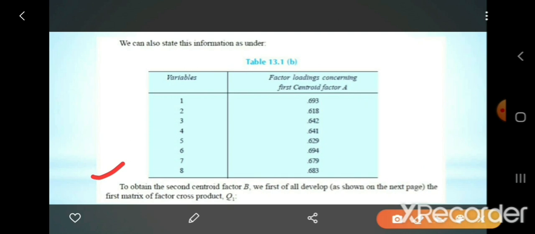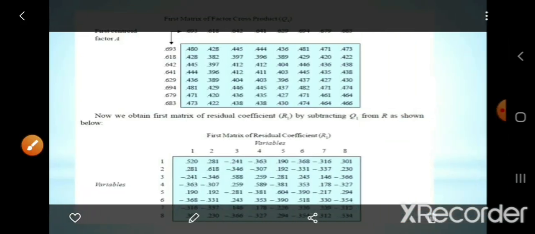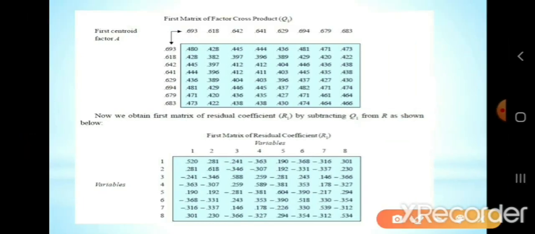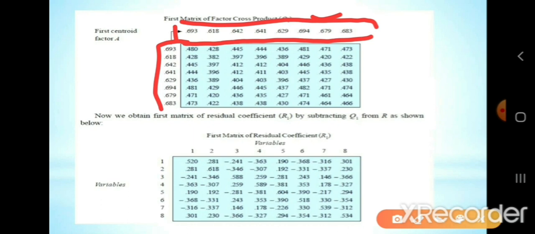centroid factor, we'll first develop the first matrix of factor cross products, which is denoted by Q1. Okay, so this Q1 matrix is obtained by the cross product of the first centroid factor. So we will write all the first factors in this way, and this way.